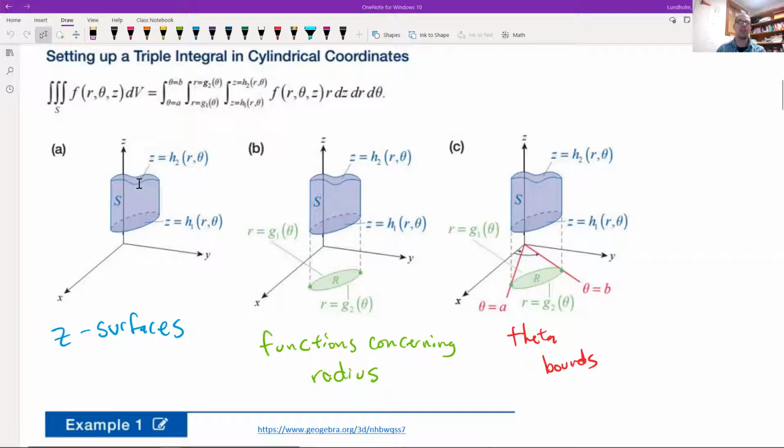So top surface on top, bottom surface down here, inner radius on the bottom, outer radius on the top, and then your two values for theta to bound it in the xy plane that way. Those are the three things that we're going to pay attention to as we set things up.